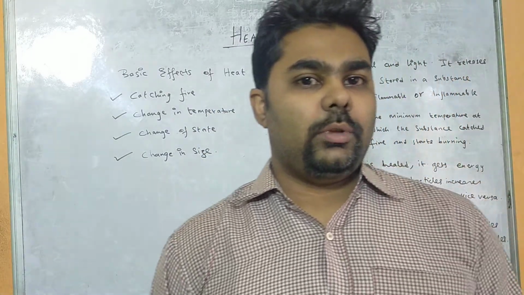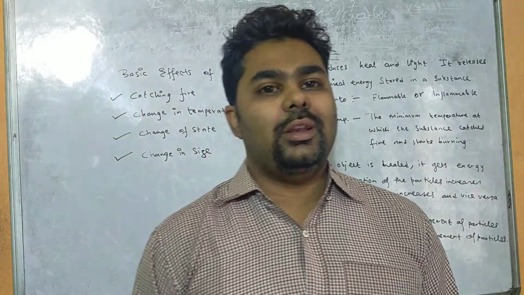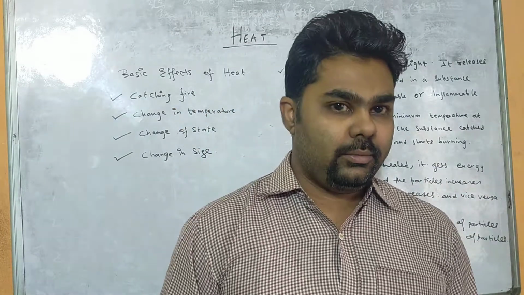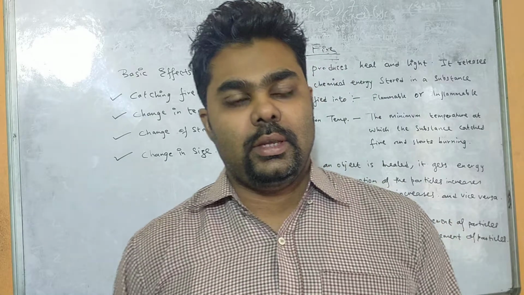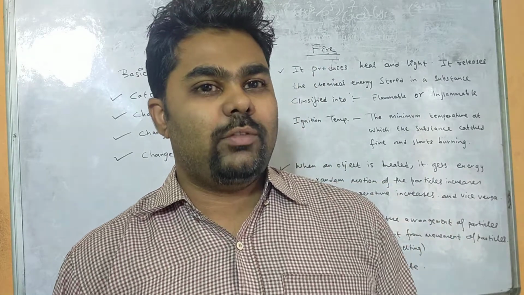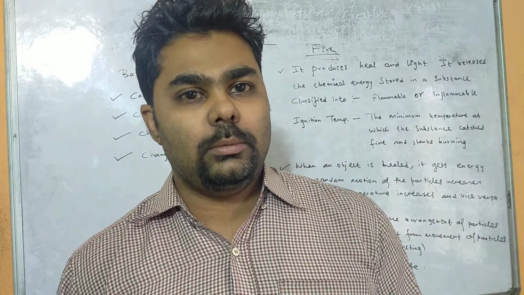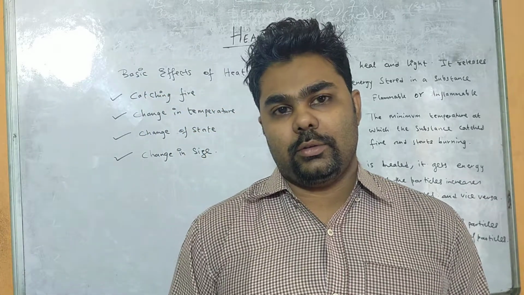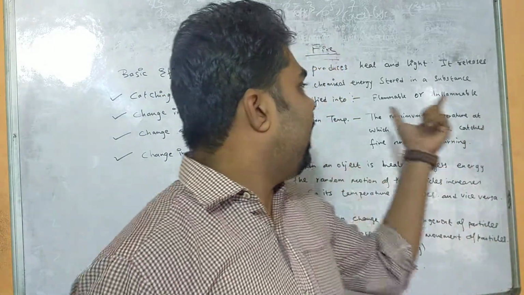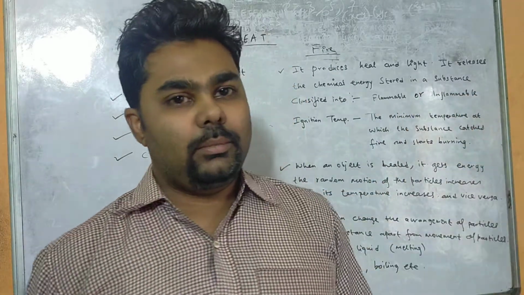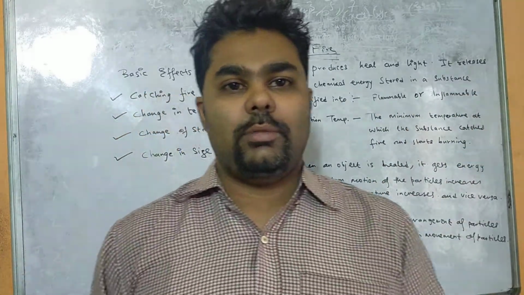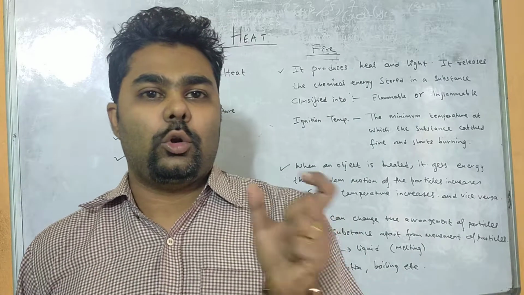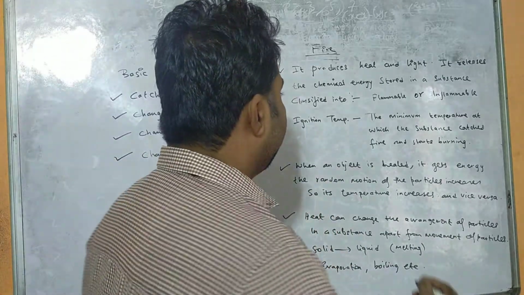Now whenever any object catches fire, it releases the chemical energy stored in it, and these substances can be classified into flammable or inflammable, and non-flammable substances. Flammable and inflammable, the word is the same, that means flammable substances, and non-flammable substances.